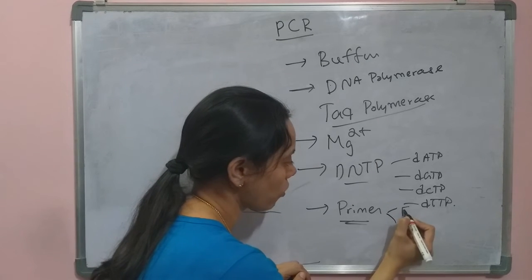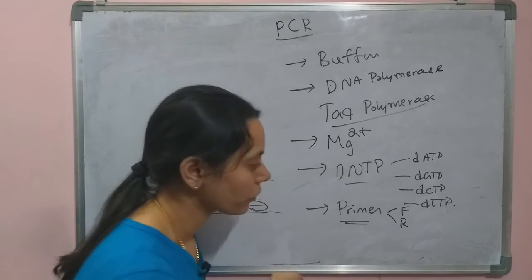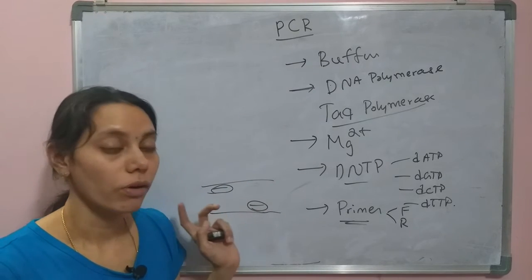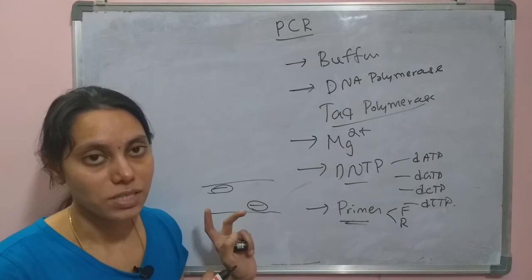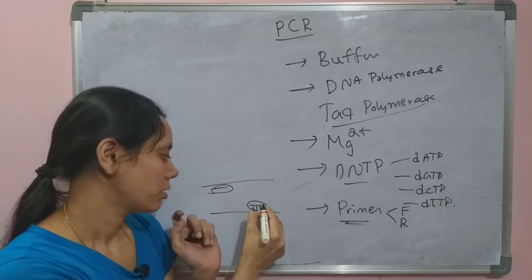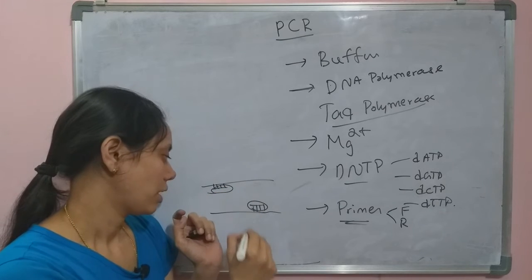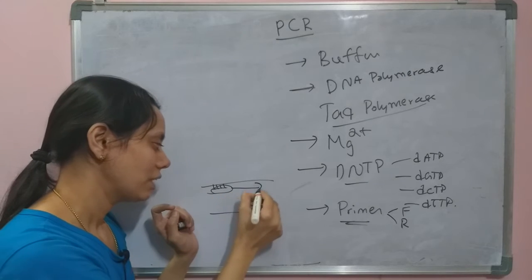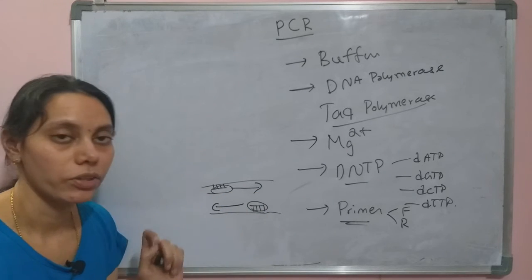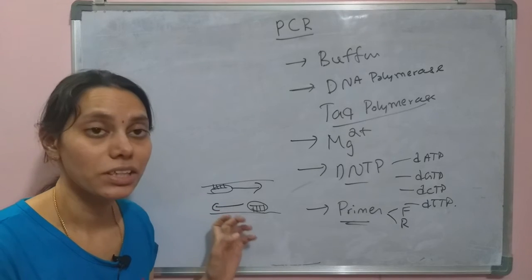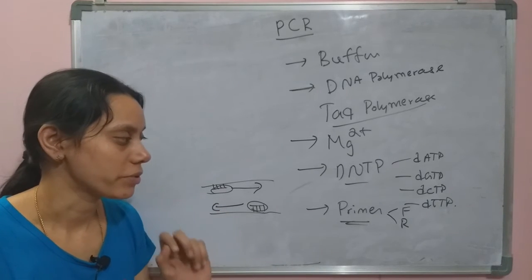Each primer will find the complementary sequence in the DNA and bind there, and after binding they initiate DNA synthesis. The complementary strand will be synthesized. So in order to initiate DNA synthesis we need primers.